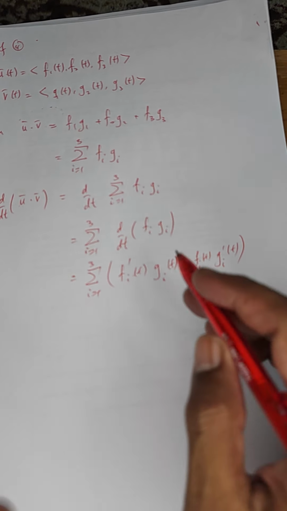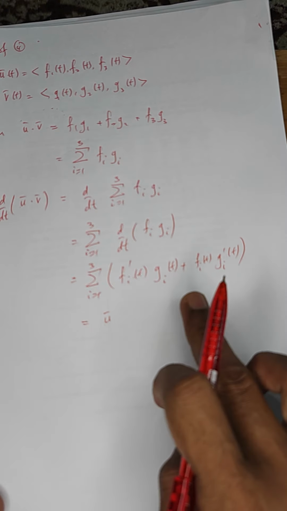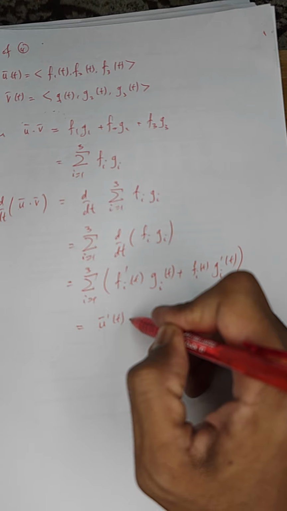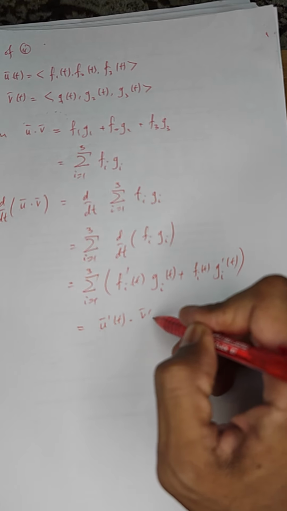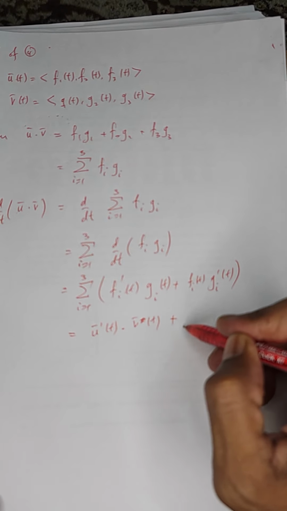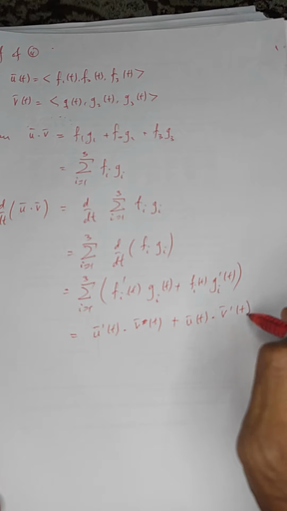Okay, so this is nothing more than u'(t) dot v(t) plus u(t) dot v'(t).